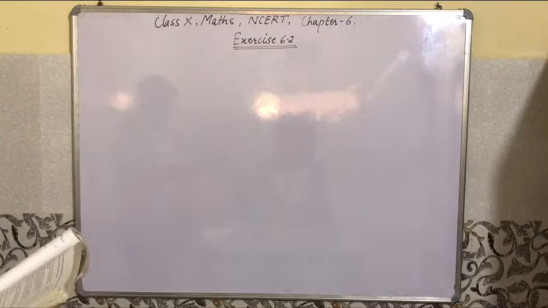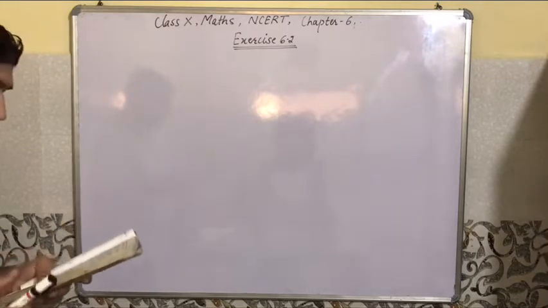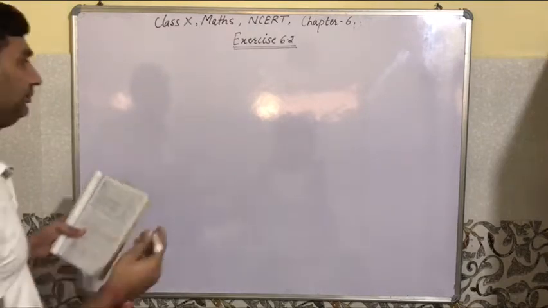Question 9. ABCD is a trapezium in which AB is parallel to DC.